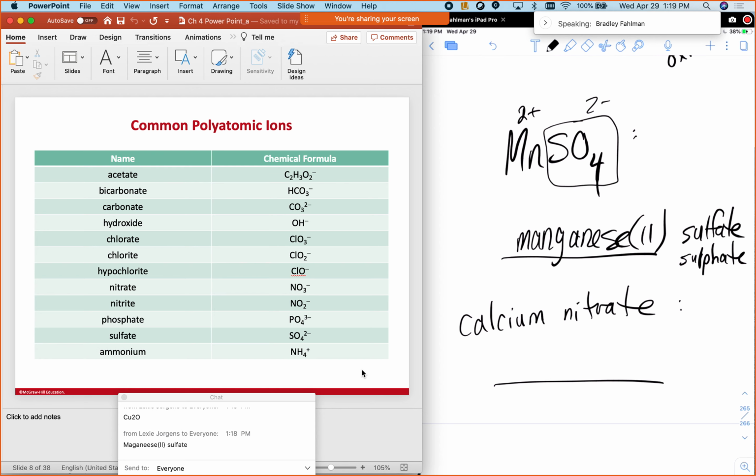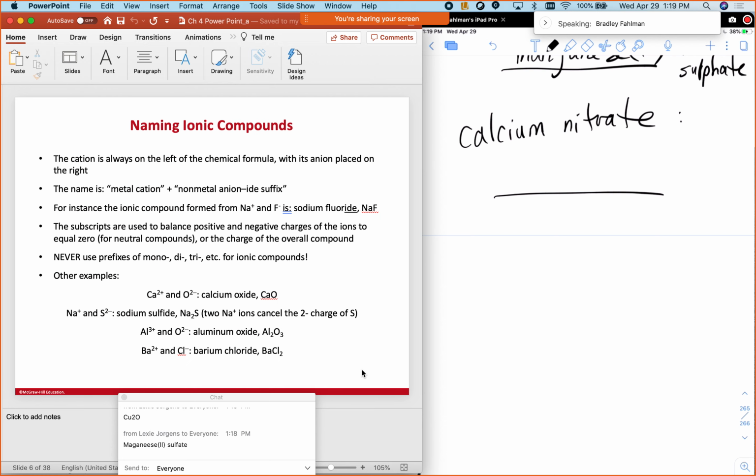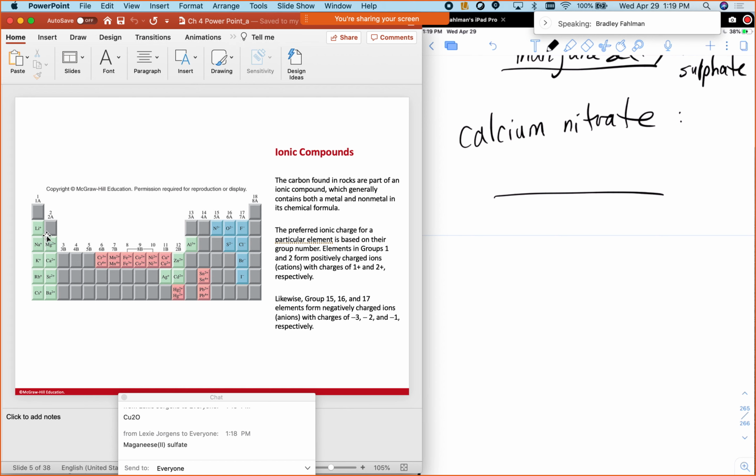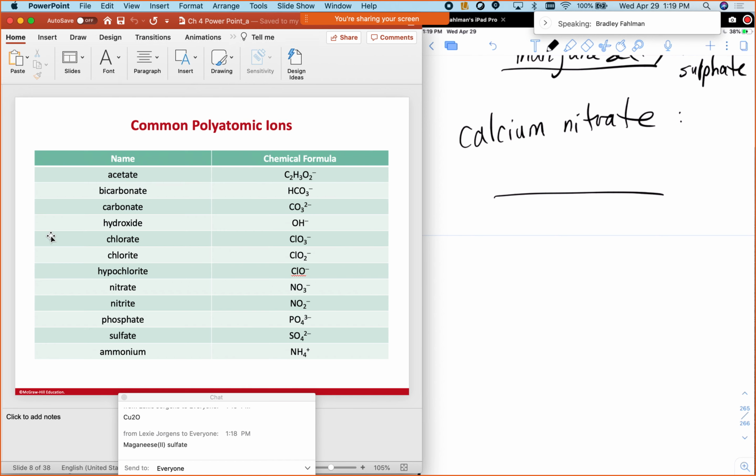So that, and then what about going this way? This is definitely harder. So calcium, if I go back to here, calcium has a +2 charge. Nitrate is NO3 minus.